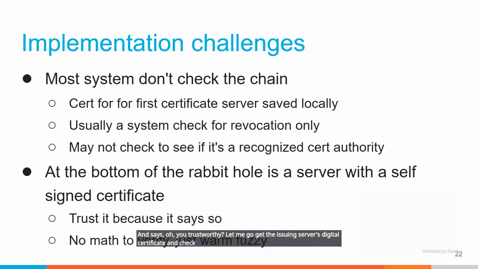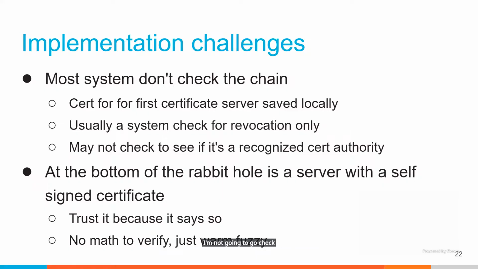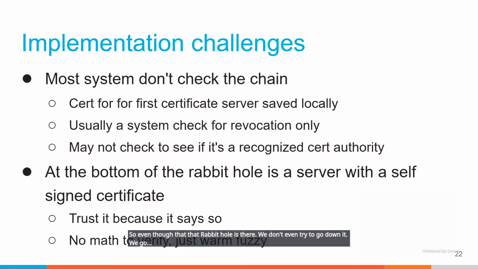Oh, that verifies? Okay, I'm happy now. I'm not going to go check server 2 and server 3 and server 4. I'm going to stop at the very first certificate authority server. So even though that rabbit hole is there, we don't even try to go down it.